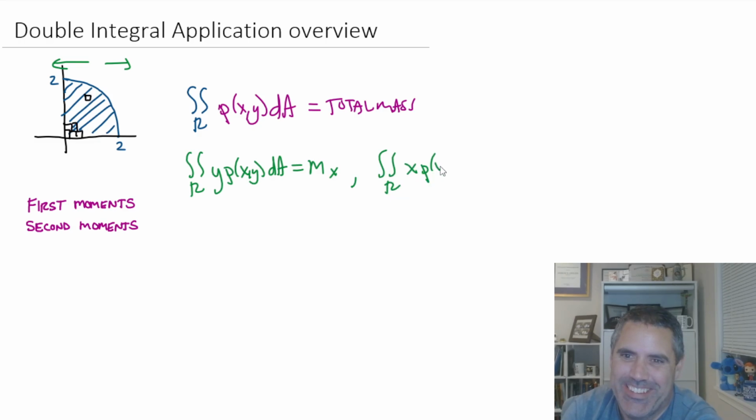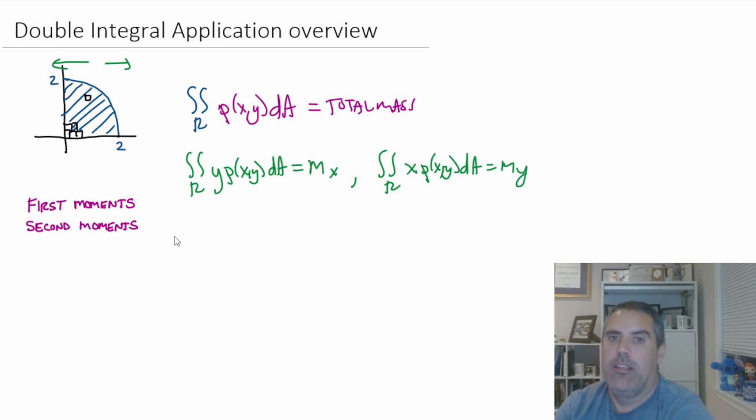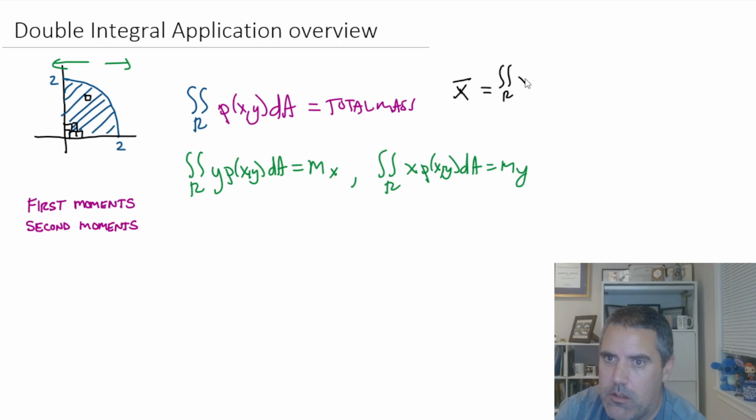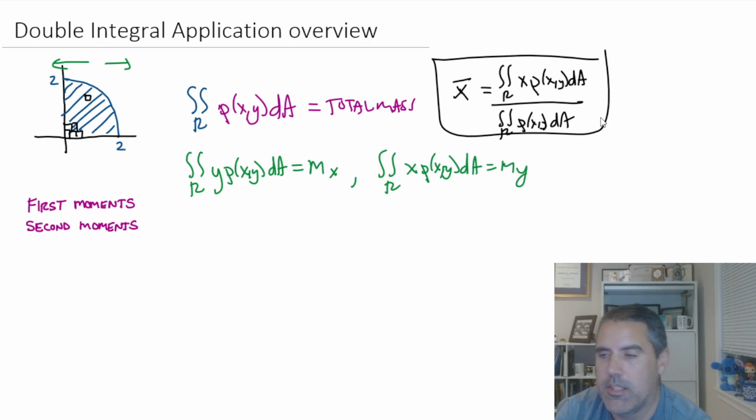And then you have this, which is called the moment about the y-axis. If you do this weighted average, watch my previous video on that, x bar ends up being this one with the x's in it, divided by the total mass of the system. And then you do the same thing for y bar, and that's our formula.